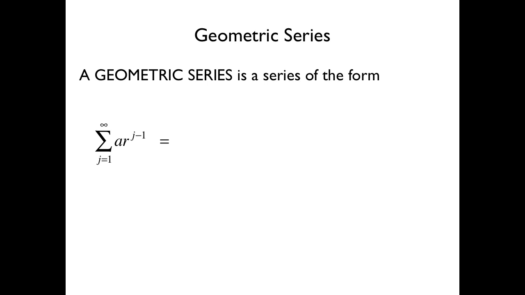Oh wait, no, it's all pluses. Working it out. That's okay. That's great. So it's all pluses. a r to the 0 plus a r to the 1 plus a r squared, a r cubed, a r to the 4. Just had to talk it out. So you see that thing? You think immediately, this is what it means.